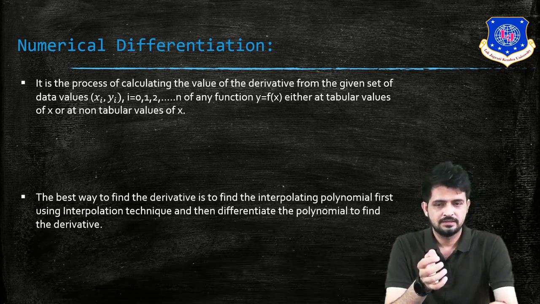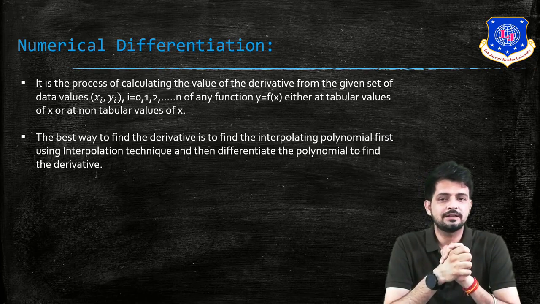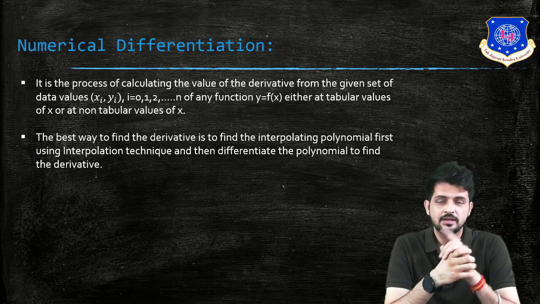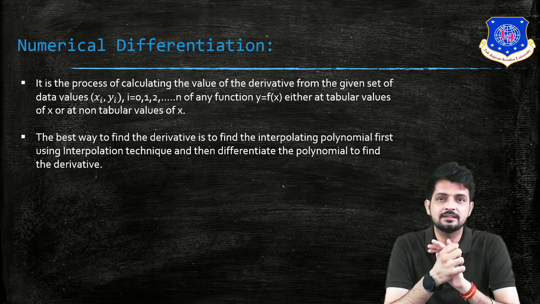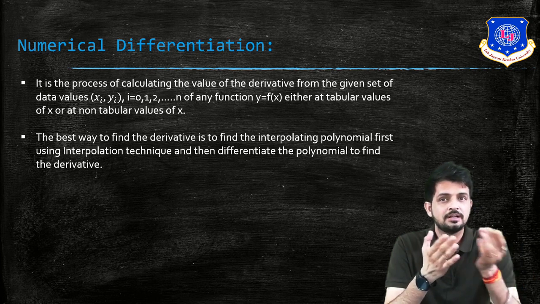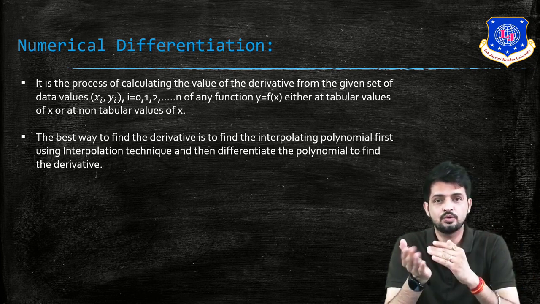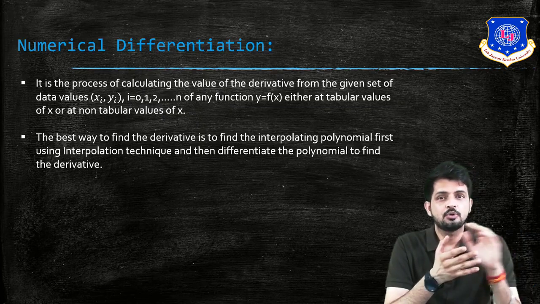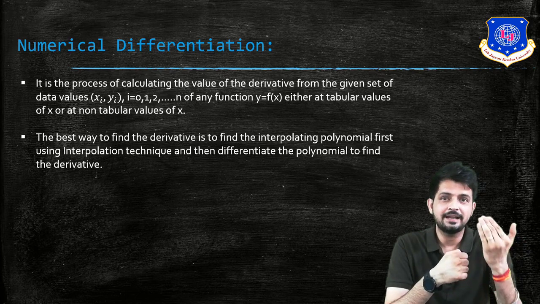Okay, see which is the best way to find the derivative. The best way to find the derivative is to first of all find the interpolating polynomial. See, if you remember, we were finding the interpolating polynomial with the help of Newton's forward, Newton's backward. So first of all we have to find the interpolating polynomial and then take derivative.